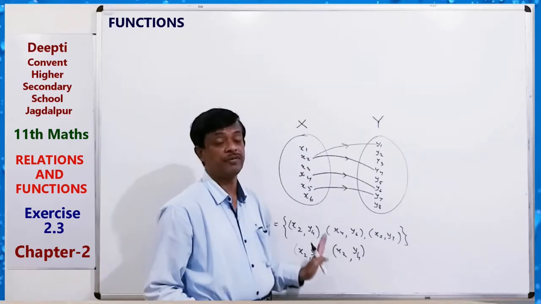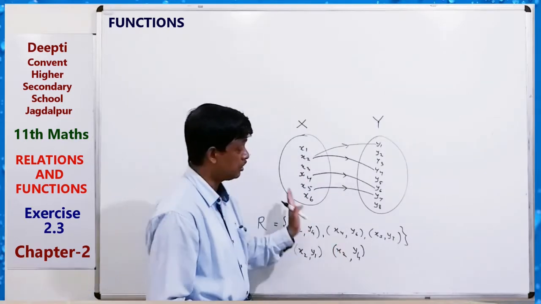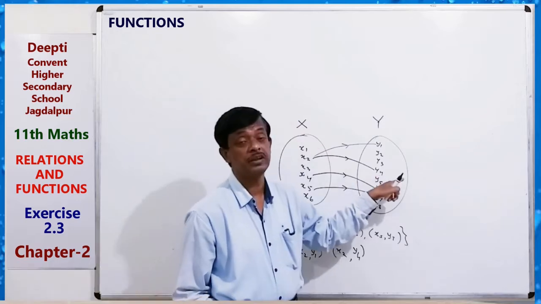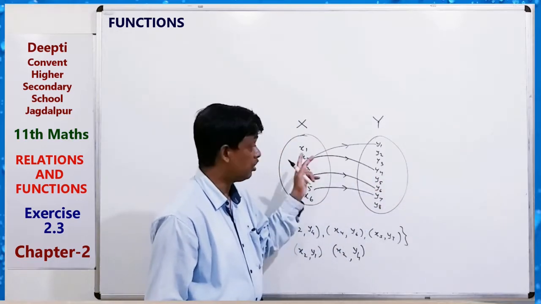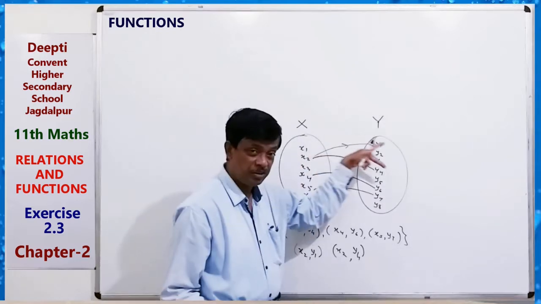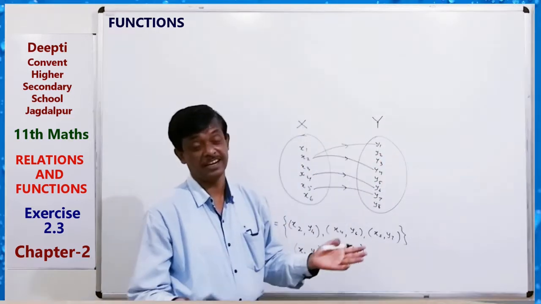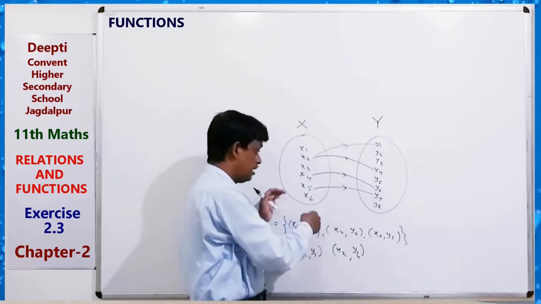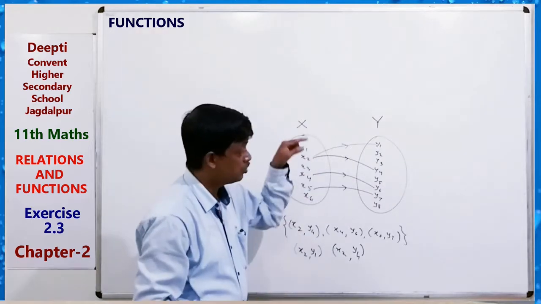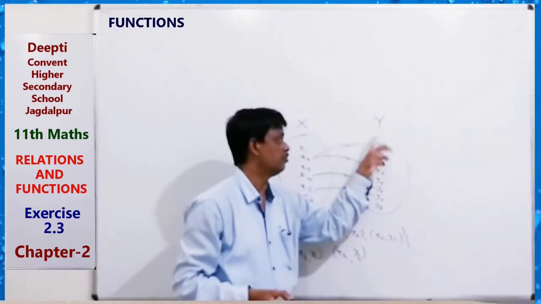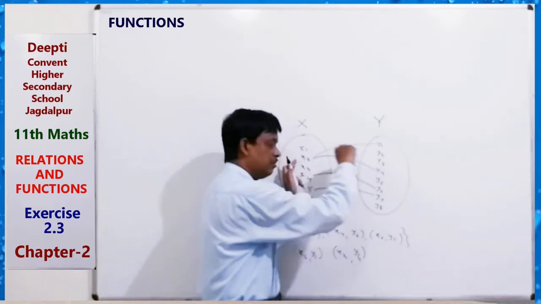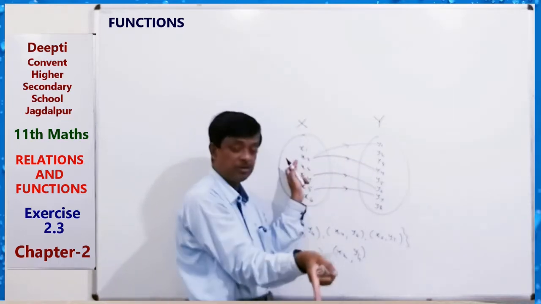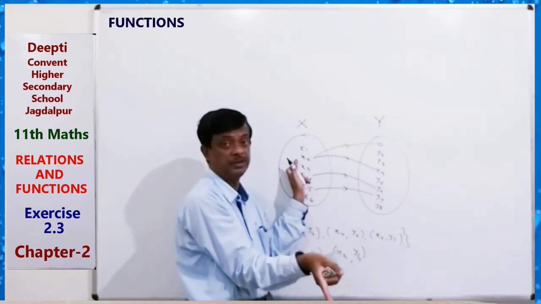So, two conditions. What? All the elements of the first set are connected to some element in Y and should not connect to different elements. That means we can say that all the elements of X are connected to some unique element in Y. Unique element means x is connected to y, then y, not another element.